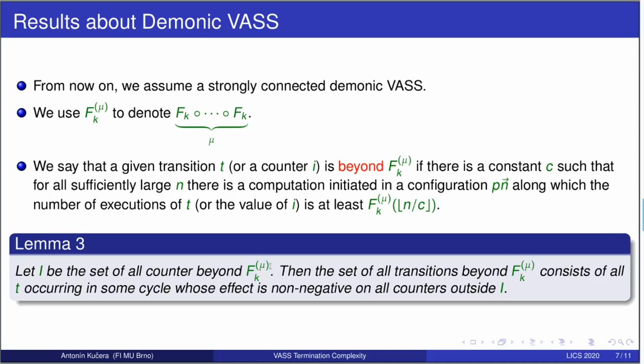The set of all such transitions consists of all t's occurring in some cycle whose effect is non-negative on all counters outside I. This means that the cycle can still decrease some counters, but all of these counters which are decreased by the cycle must be in the set I. And clearly, the existence of such a cycle for a given t is easily decidable in polynomial time. The lemma is not hard to prove. The argument is based basically just on the pigeonhole principle.